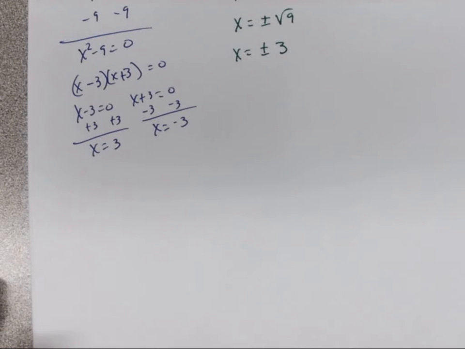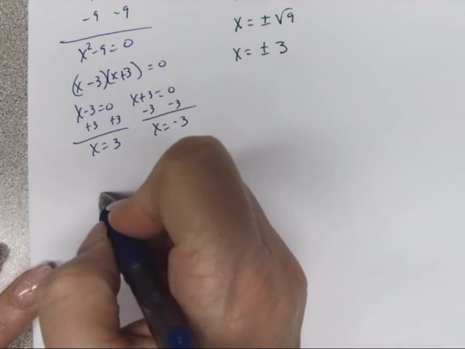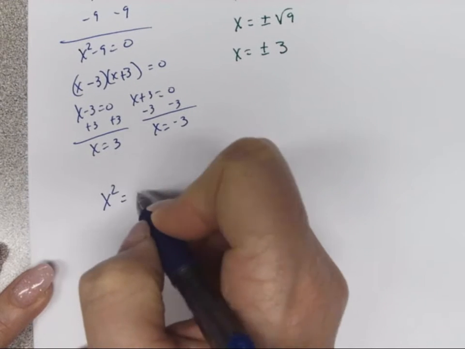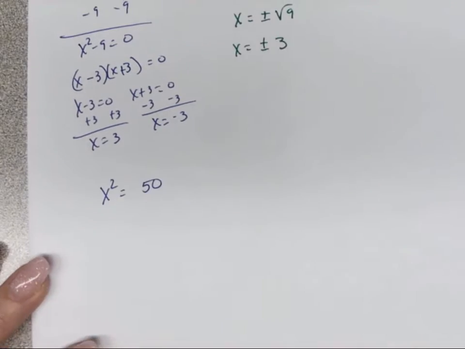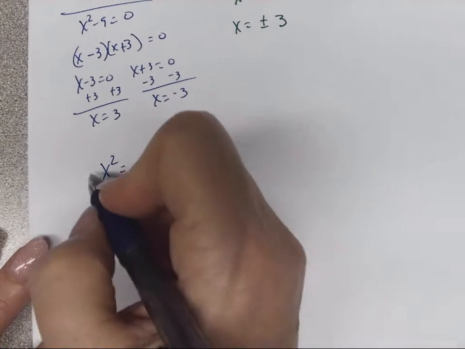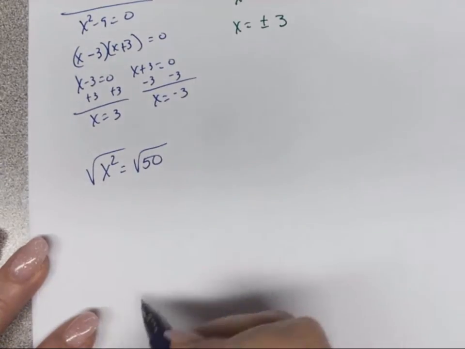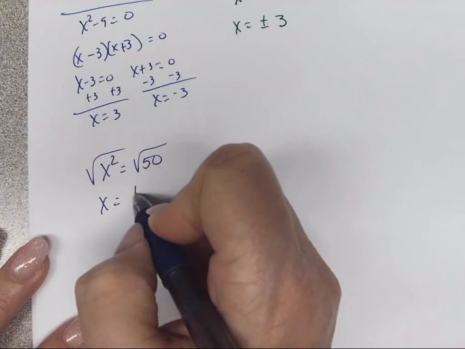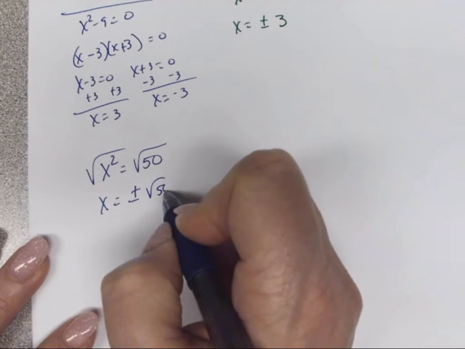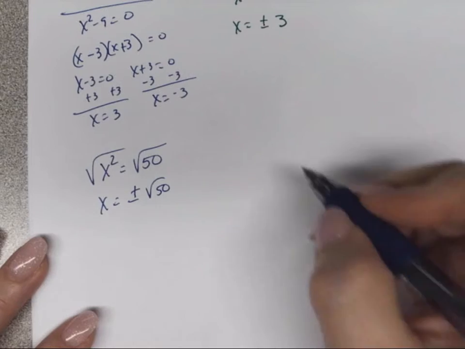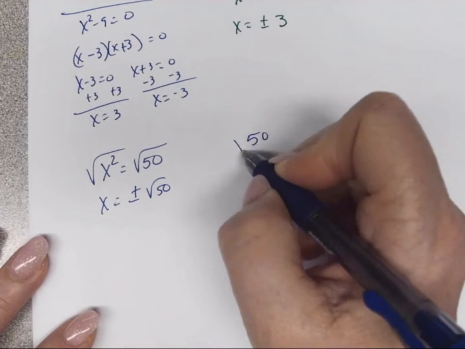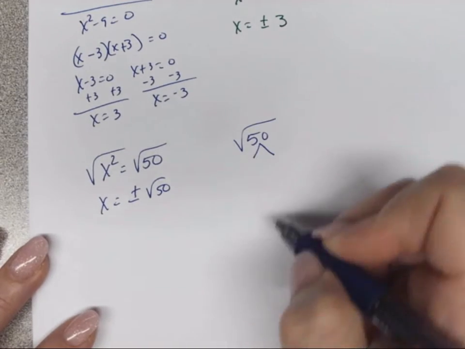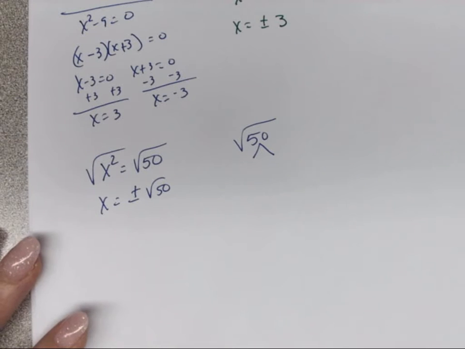Let's go do one that's not. If we have x squared is equal to 50, we are going to take the square root of both sides and get x is equal to plus or minus the square root of 50. Now we're going to have to break down that 50, what we've learned in other lessons. Two factors. Again, it doesn't matter which you pick.